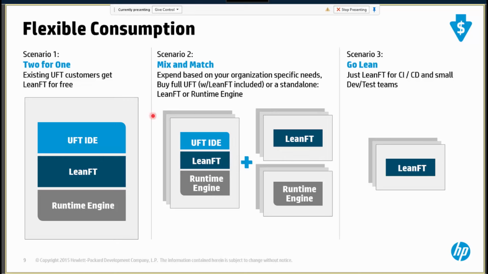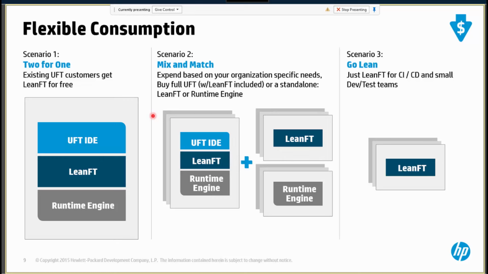Now, if you're a new customer, you can buy the UFT full functional license, and you'll get LeanFT, obviously. Or you can purchase LeanFT by itself on a web sale. You can Google LeanFT, and anybody can buy it.